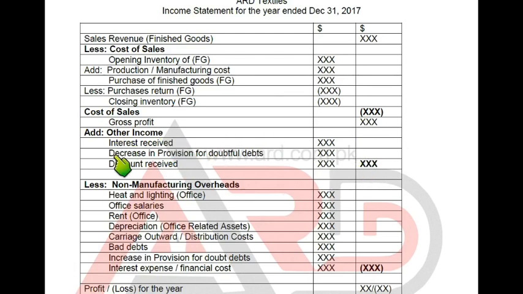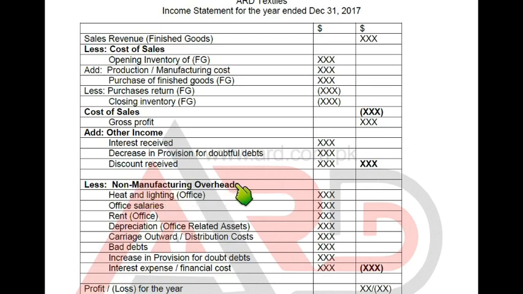Then if we have a decrease in provision during the year, this is income, and if the provision is increasing during the year, this is an expense. Then in place of expenses, we will write a different terminology, non-manufacturing overhead, also known as non-production or non-factory overhead.